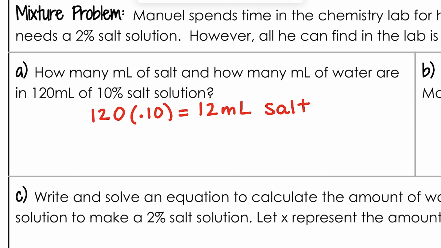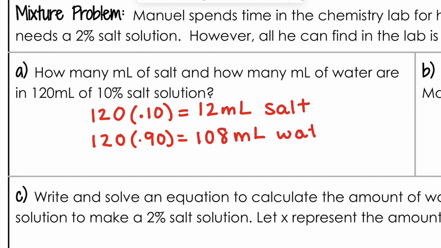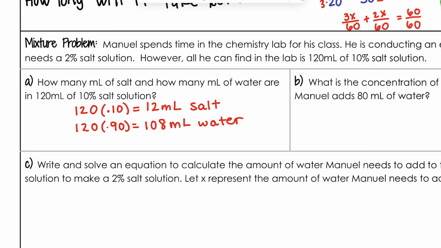Now, this solution is just made up of salt and water. So if 10% of the solution is salt, that means 90% is water. So we can do 120 times 0.90, and that's equal to 108 milliliters. So we have 108 milliliters of water.